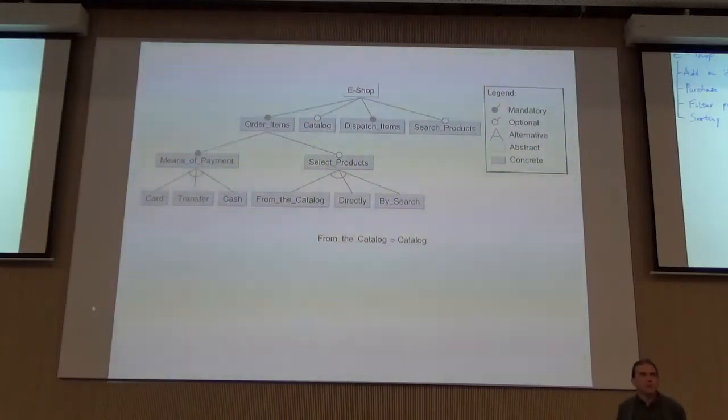No surprise though. So we must know that if we are going to support selection of products from the catalog, then we must have that catalog included there. Aren't we? Or don't we?